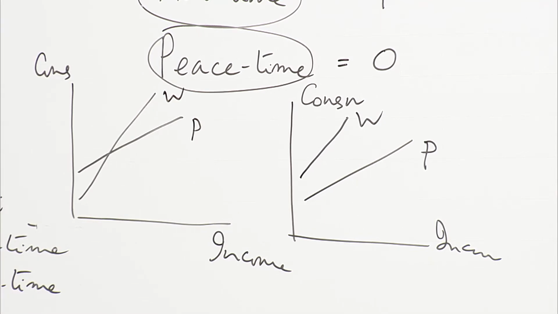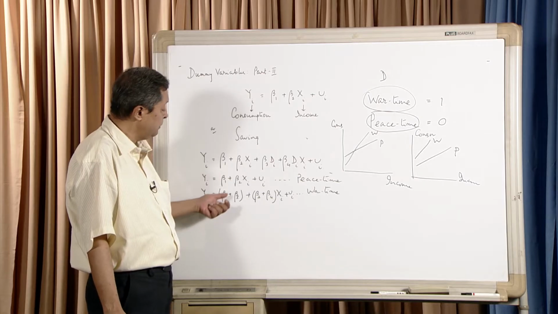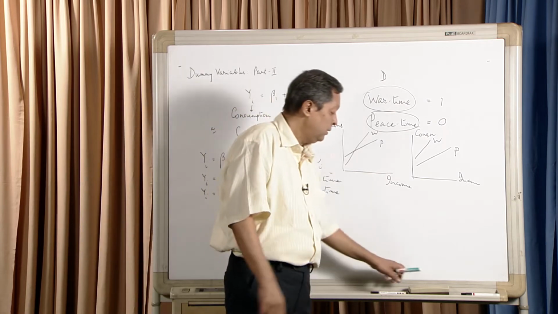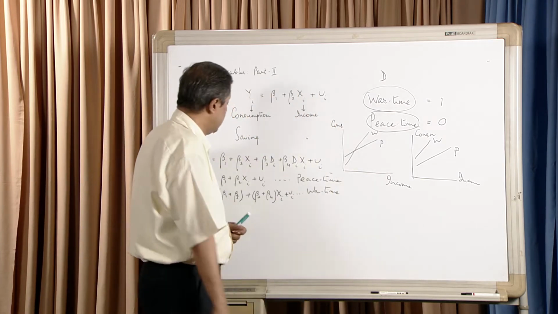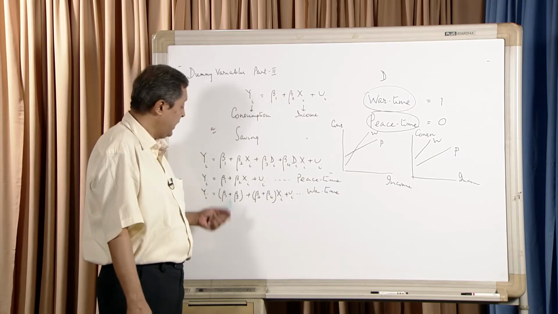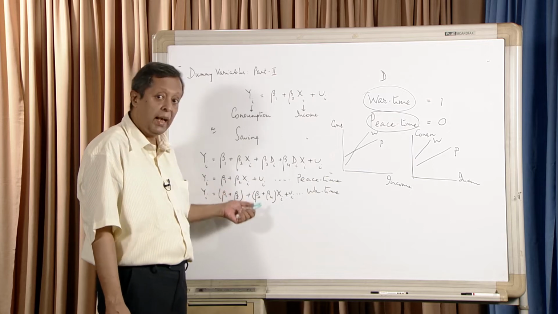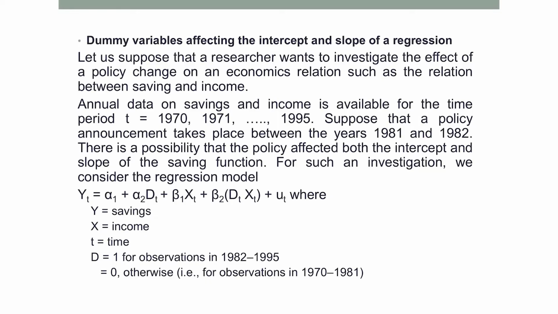So, this is one simple example where a dummy variable can show a change in both the intercept and the slope. Now, this is a very interesting model because it helps us to test whether there is a difference in the intercept as well as a difference in the slope.